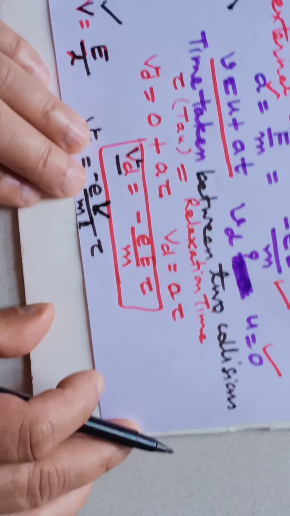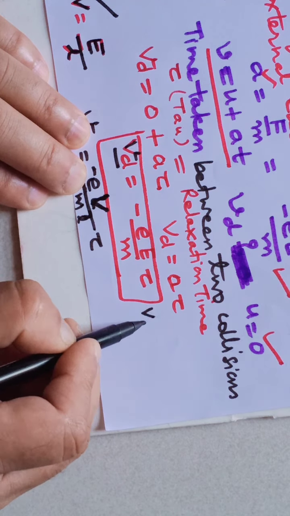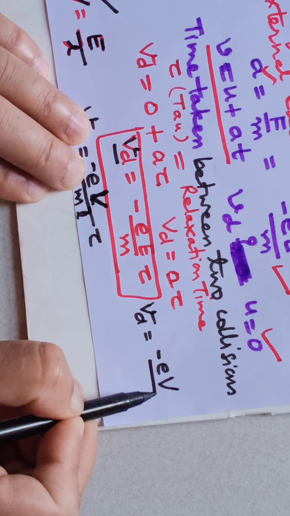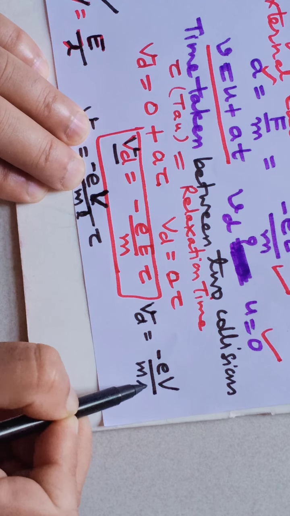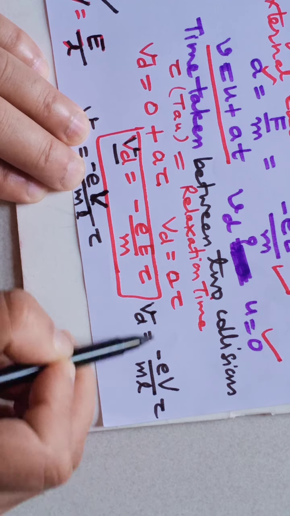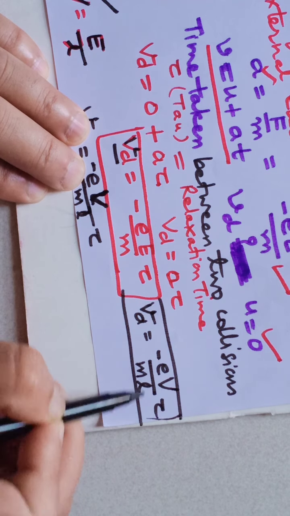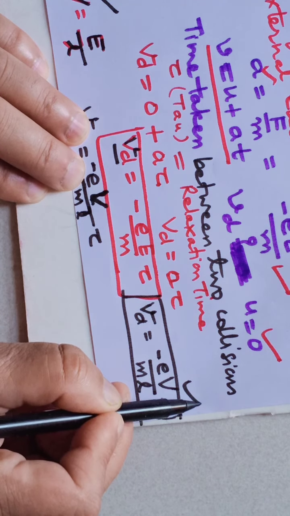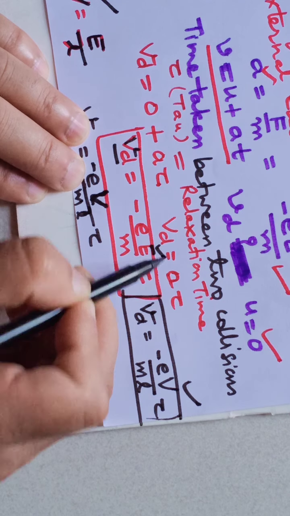So the expression for velocity is Vd is minus e potential difference upon mass of electron L into tau. This is another formula. This is in terms of potential difference, and the earlier one is in terms of electric field intensity.